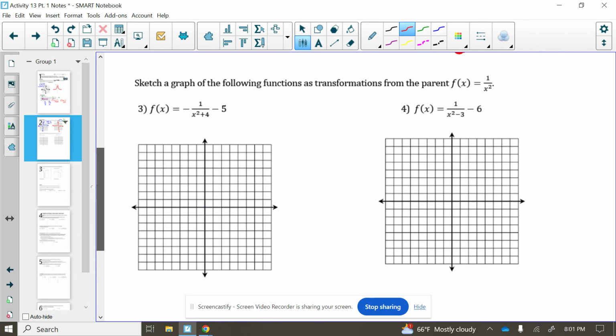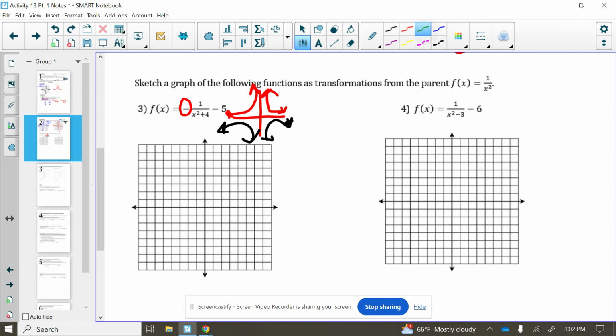Now, just like we reflect 1 over x, we can also reflect 1 over x squared. This time, again, we are going to see a reflection. So instead of our parent function graph going up in this direction, it will reflect over and look like it is going down, reflected over that x-axis.